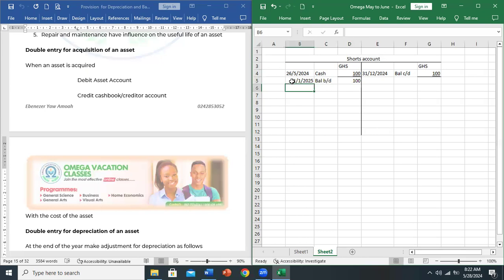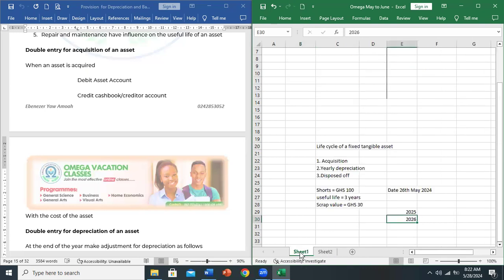Okay. So in the year 2025 too, normally what you are going to do is to determine whether you bought additional shorts or you sold some of the shorts. In this scenario that we are using, we are only looking at the case where we bought just one short, which is going to be used for 3 years.